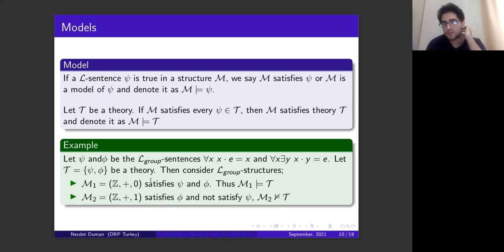So first structure satisfies this guy, because now this sentence in first structure asserts that 0 is the identity. But when interpreted in the second structure, it asserts that 1 is the identity with respect to addition, which is false. So the second sentence is also true in M1, and I think it is also true in M2. But since this theory has both of the sentences, only M1 satisfies this theory, and M2 does not satisfy this theory.